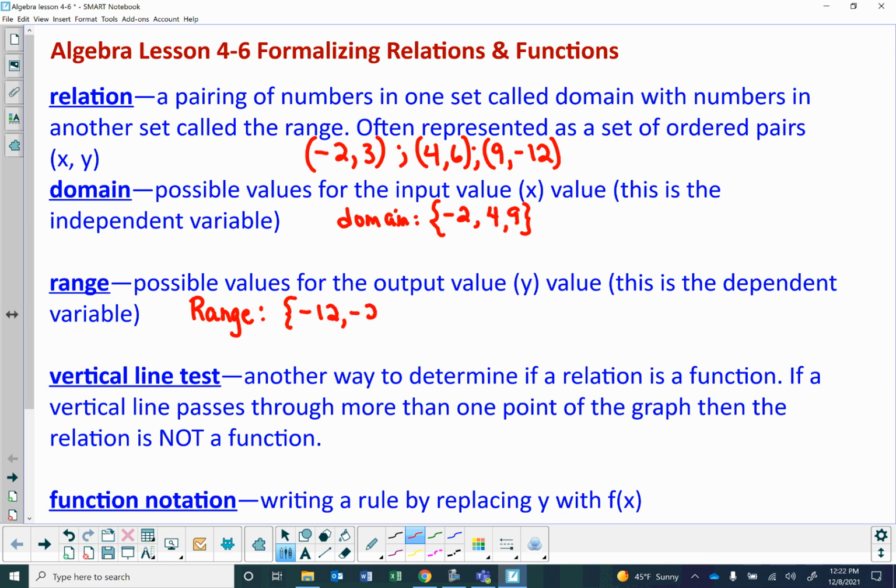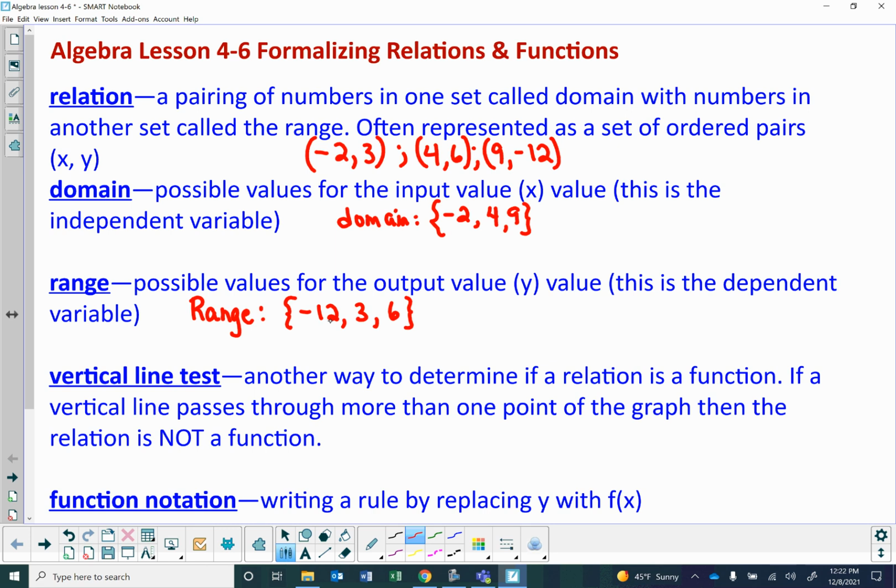Then, that's the next smallest number I have, actually not -2, -12. That was terrible. -2 is x. So the range is -12, then 3, and then 6. That goes in order. So the domain is all of the x values and the range is all of your y values. Domain is independent variable, range is dependent variable.